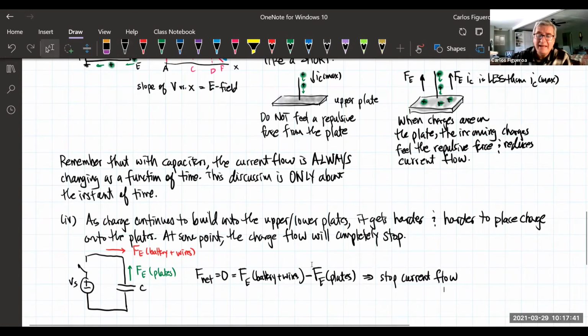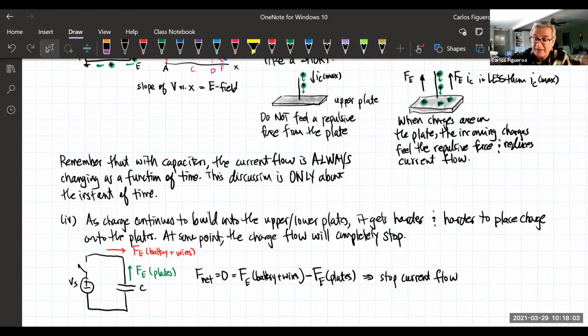But we don't like the language of forces, right? That's Newton's second law, and that's just a crappy picture to actually deal with. The picture that we want is the language of energy. And the language of energy is voltage.